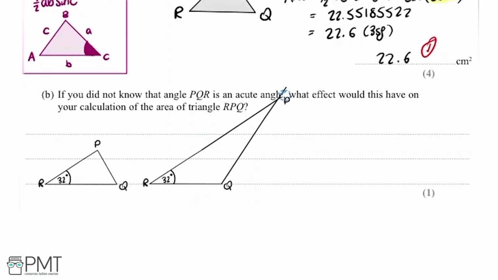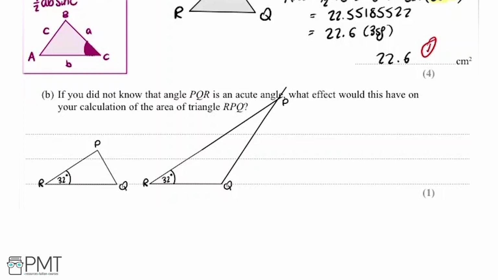And P will be up there. So this is the triangle when the angle is acute, and this is an example of it when it's obtuse. So you see this angle stayed the same, but P has got much smaller up here, and Q has got bigger, so things have changed around. As you can see, the area of the triangle has also changed.